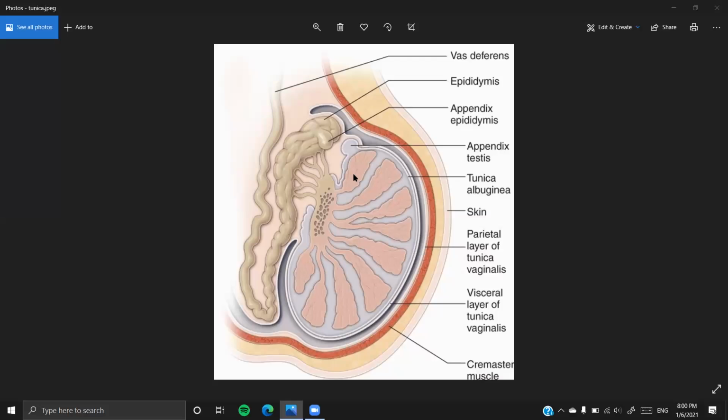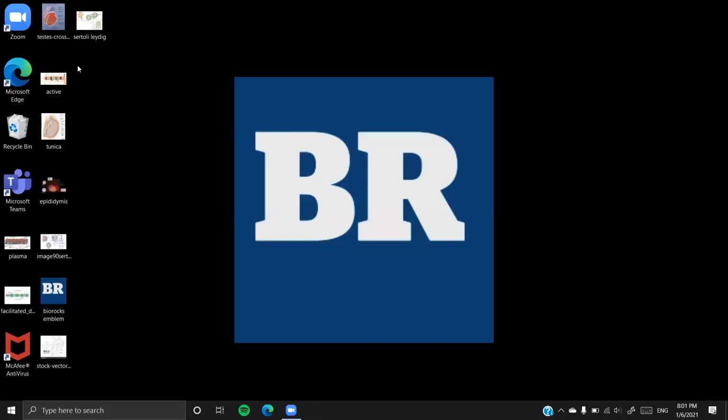These seminiferous tubules are going to give rise to tubes called straight tubules, which join together inside the testis to form the rete testis. And these again give rise to tubules, and this structure will be the vasa efferentia, which join together to form the epididymis.